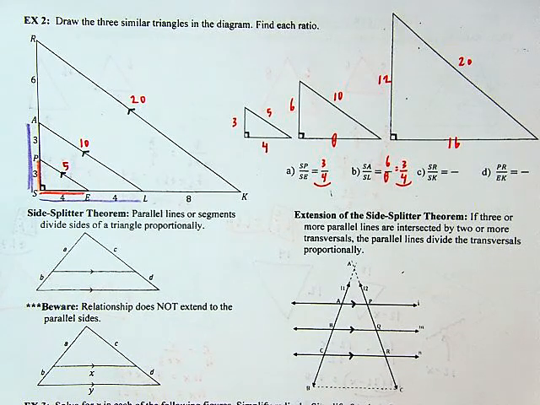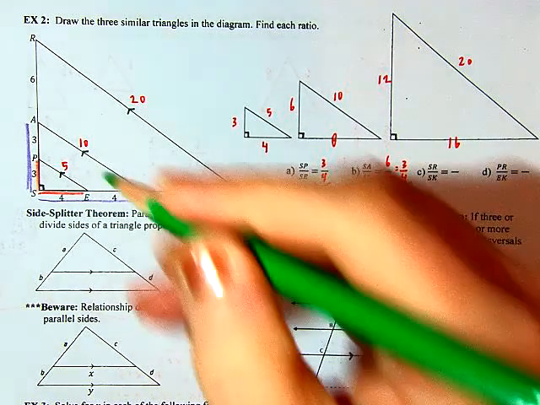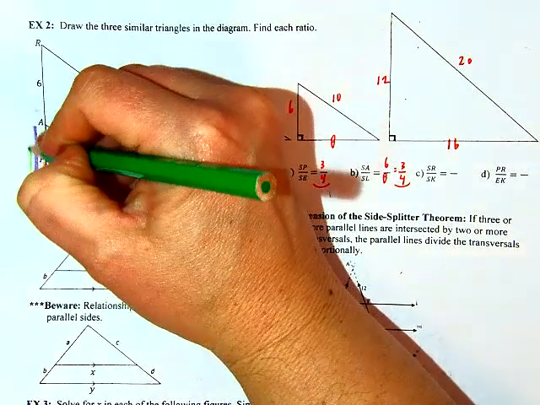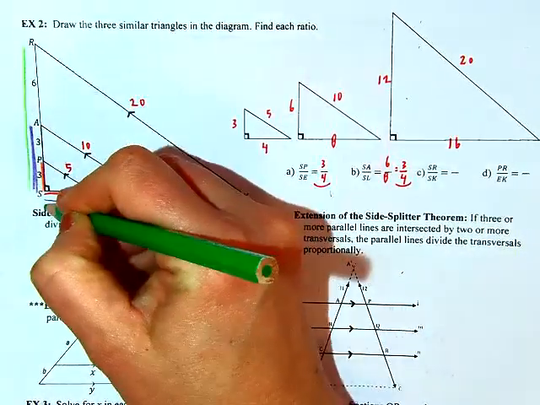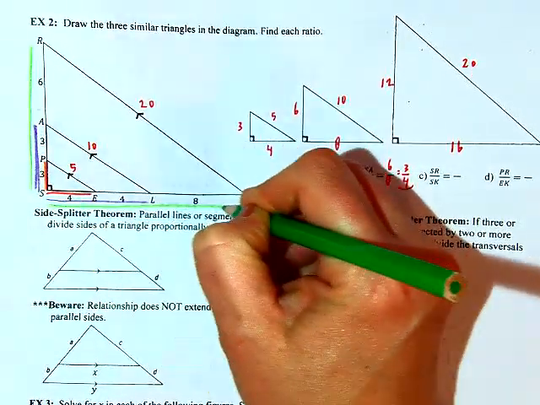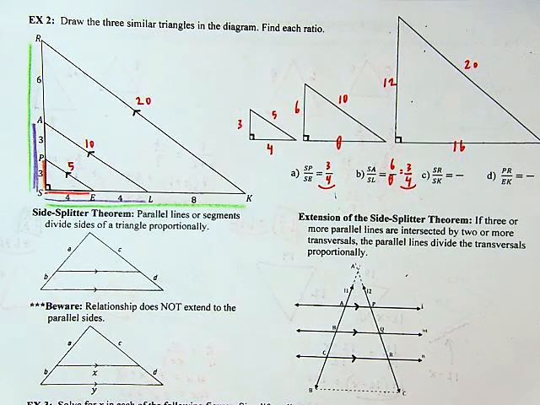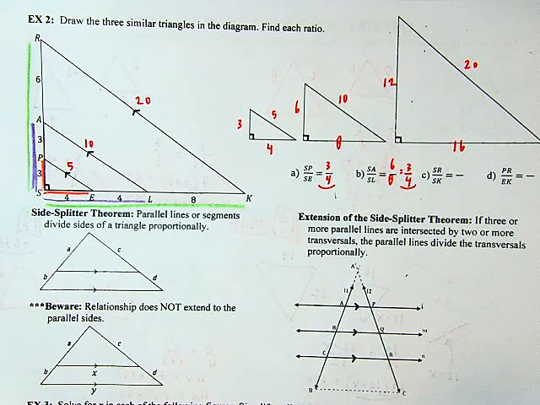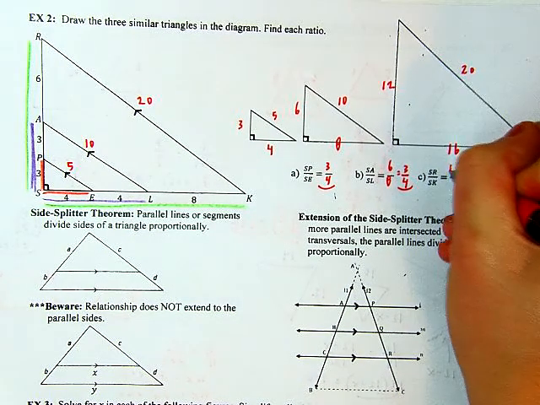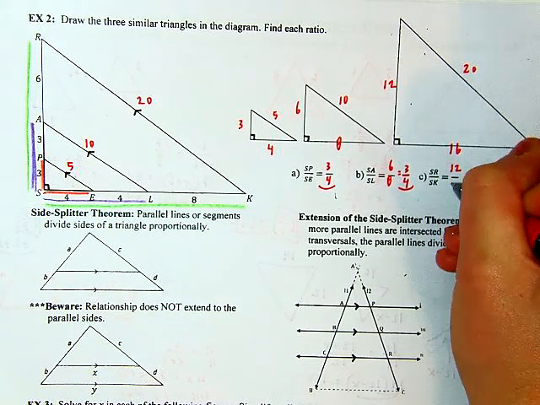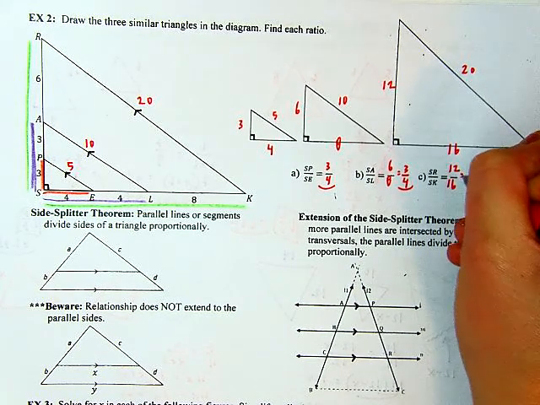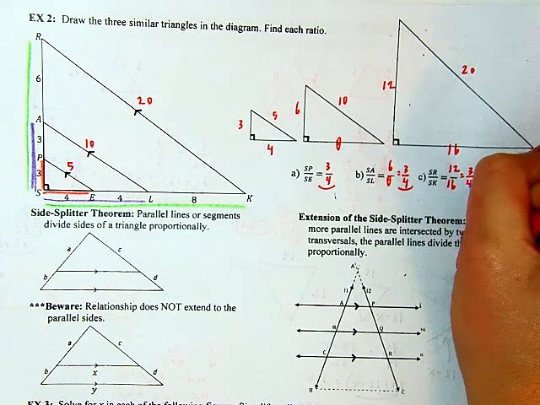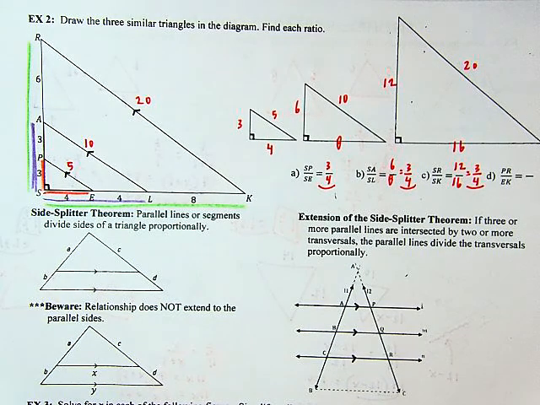Okay, how about SR to SK? How are those related? So SR is the full side to SK, that full side right there. Well, SR is 12. SK is 16. It is still a 3 to 4 ratio. So one last ratio. Let's see if it's still 3 to 4. What about PR?